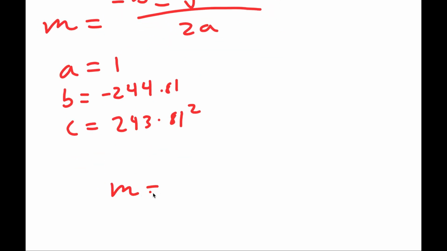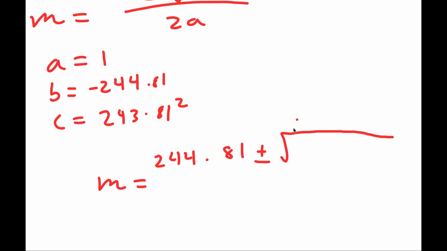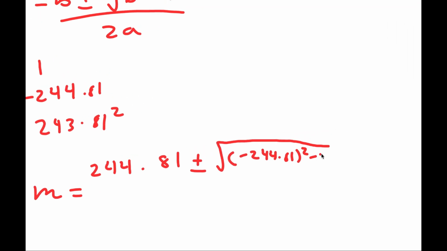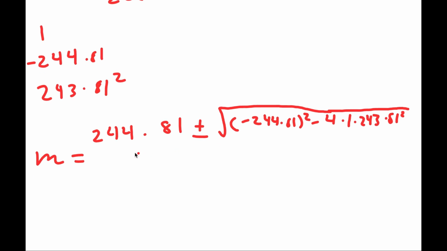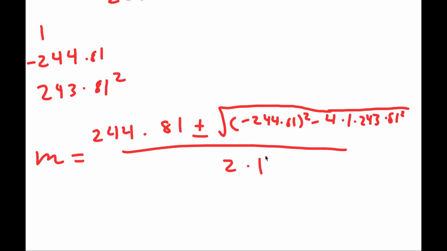So if I plug these values in, I get negative negative 244, which is positive 244, times 81 plus or minus the square root of negative 244 times 81 squared minus 4 times 1 times 243 times 81 squared. And I have all this over 2 times 1.